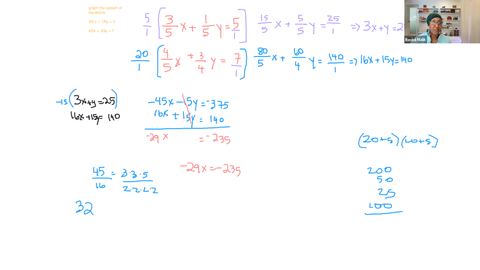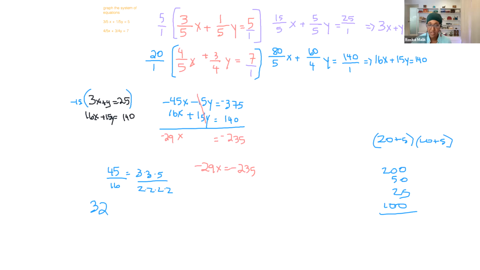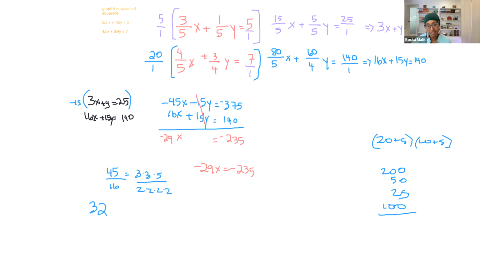Okay, so I'm going to divide both sides by minus 29. I'm going to have x equals some positive number, 235 over 29.